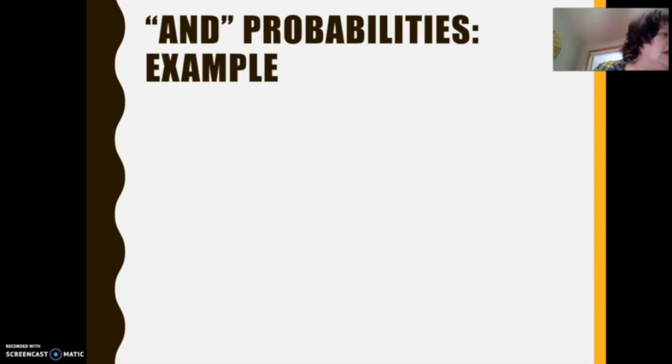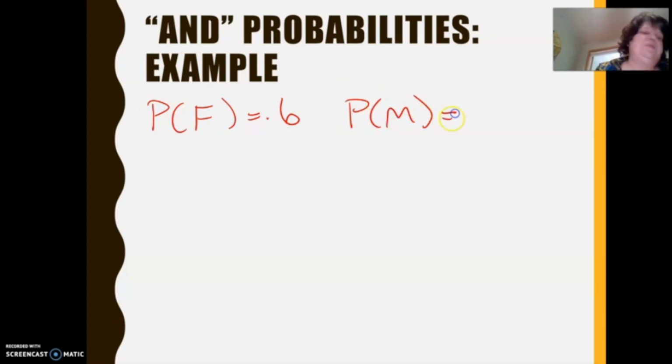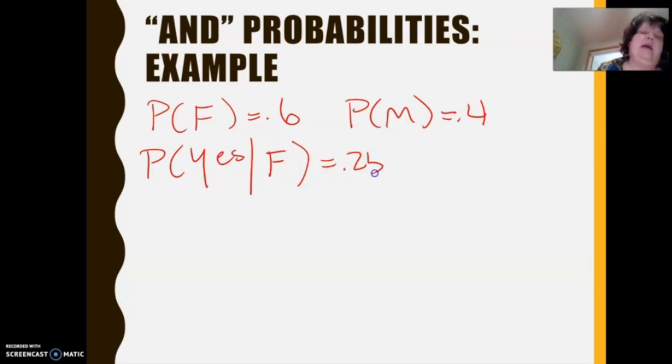So let's look at an example of an AND probability. Let's say the probability of female is 0.6, the probability of male is 0.4, the probability of yes for the females, so that would be out of F, is 0.25, and the probability of yes out of the males is 0.3.